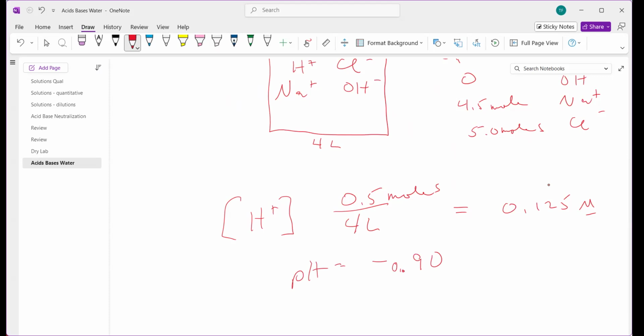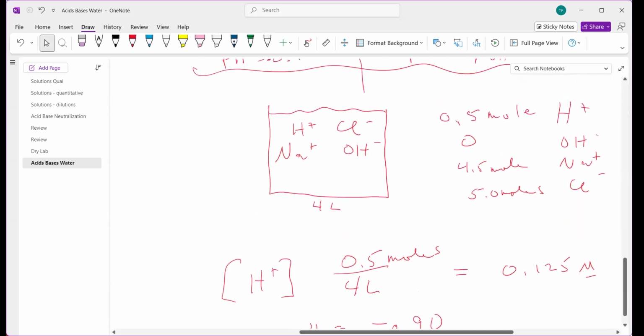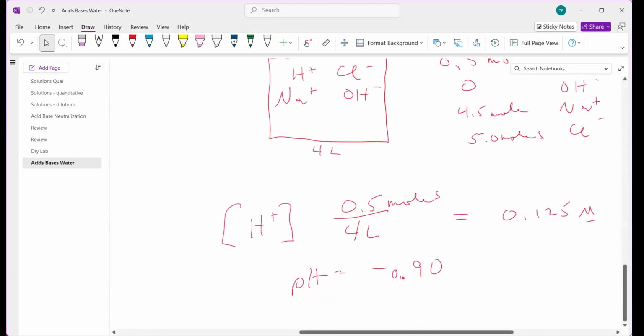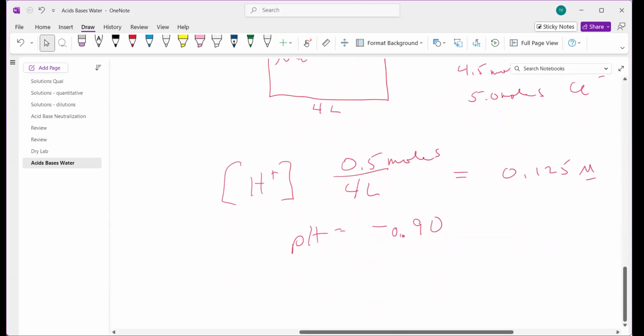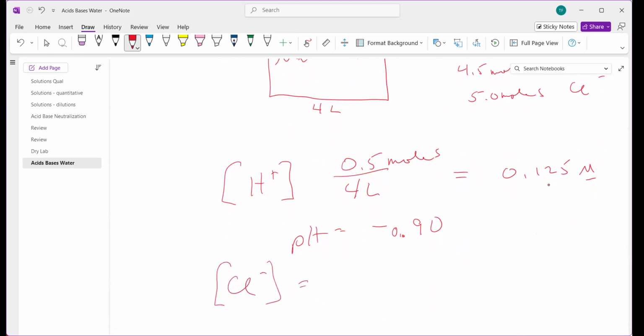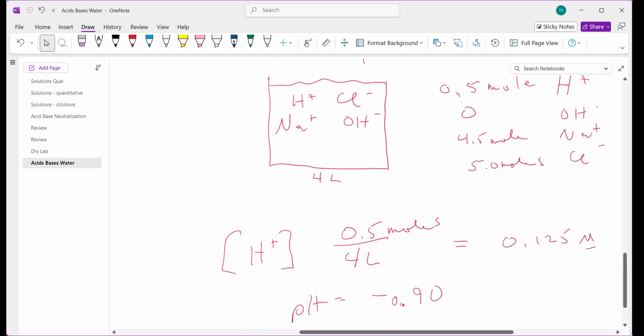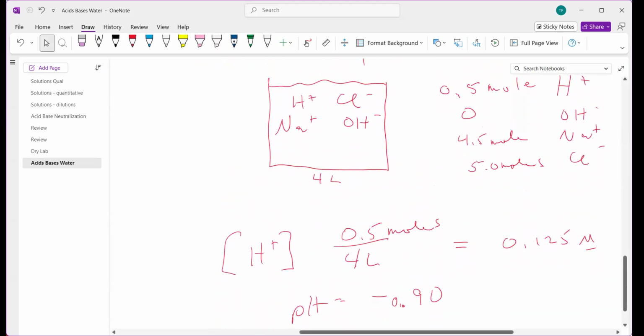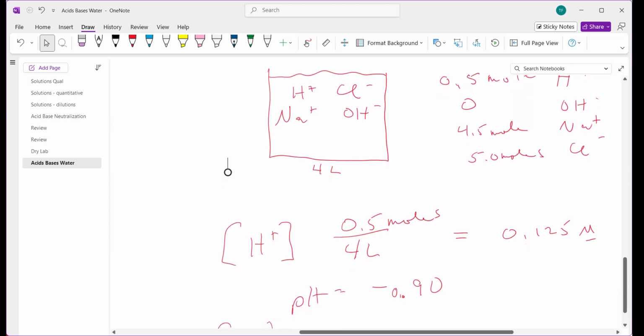Anything with a negative pH is very acidic. But we expected that because we didn't neutralize all the H's. We had some left over. Now we can also calculate concentrations of the other ions, so we have 5 moles in 4 liters of Cl.